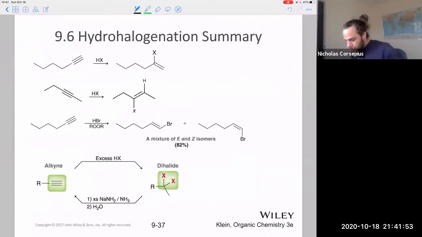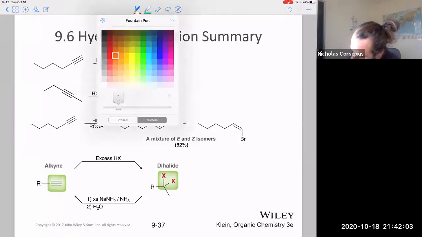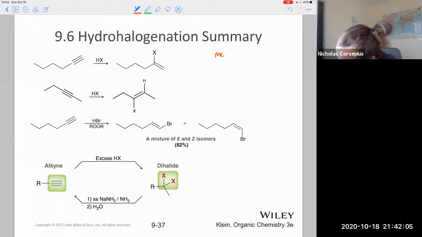Okay, so now just to summarize, you always got to know the products that are going to be produced in the reaction. That's step 1. But then we also have these considerations of, for example, mechanism. In the case of a hydrohalogen, so HBr, HCl, yes, you should know the mechanism for both.